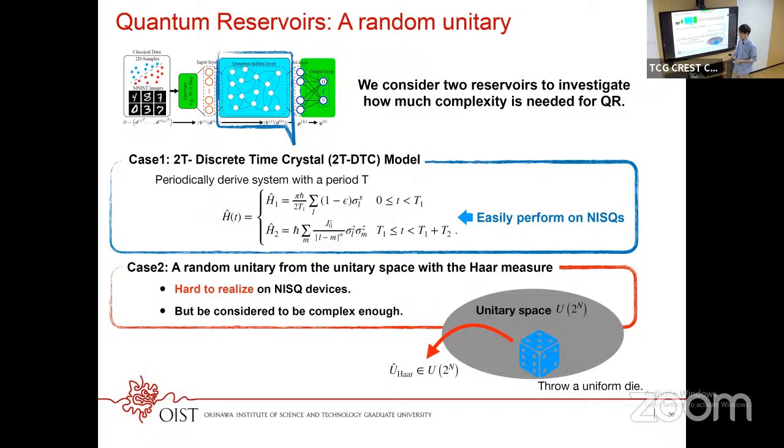I think everyone knows the paper by Google in 2019, the quantum supremacy paper. They created a circuit similar to this type to generate a random unitary, but they have many gates.